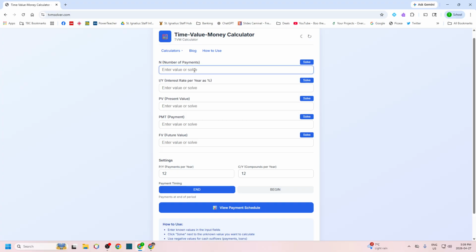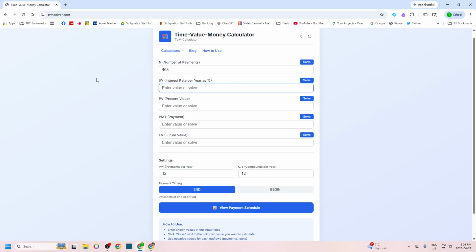Let's say our goal is 55. What we could do is go 55 minus 16, so that's 39 years. And we're going to say that we can deposit once a month. So let's go 39 times 12. We're going to make 468 deposits.